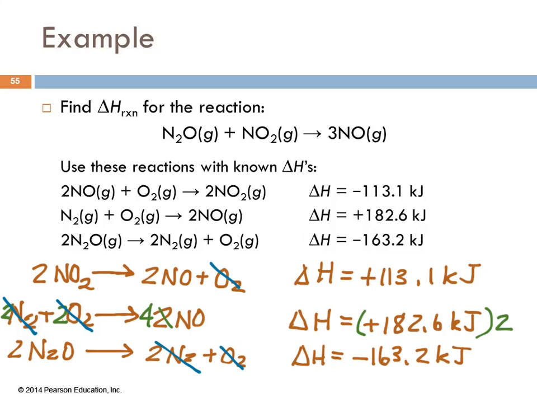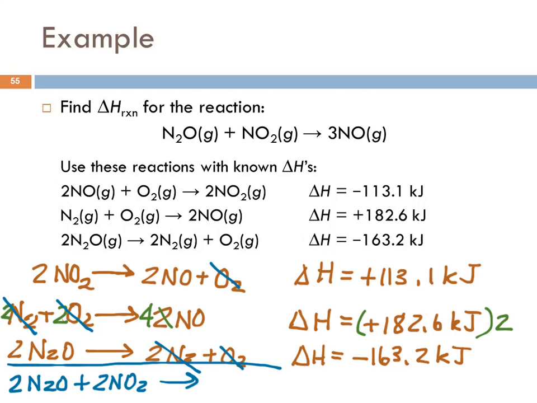So now I'm going to add these together. I did not leave enough space, but we'll manage somehow. So on the left, I have 2 N2O plus 2 NO2. Like I said, I can't see what I'm doing.